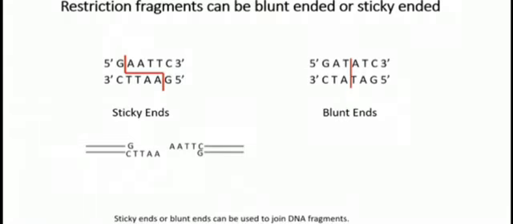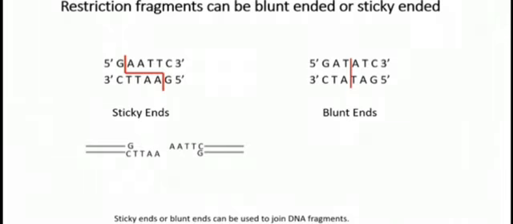So these restriction fragments can be blunt ended or sticky ended. So here we have the 5 prime to 3 prime and 3 prime to 5 prime direction. So this GAATTC sequence can be cleaved. So this is the sticky end. So here we get the G, and then we get the AATTC, and in the below we get also the G, and then we get the AATTC.